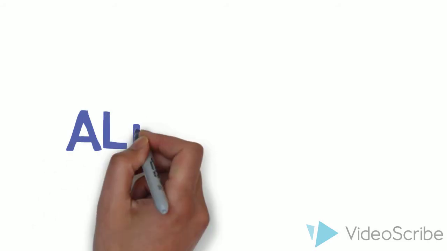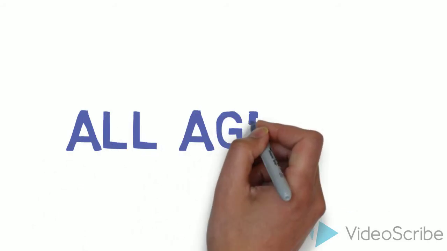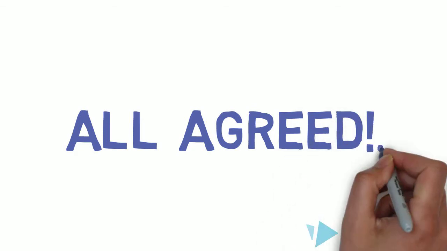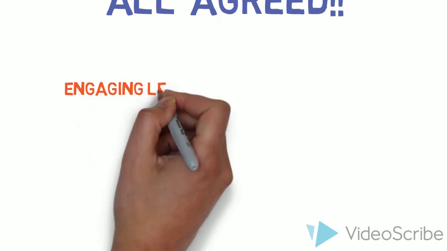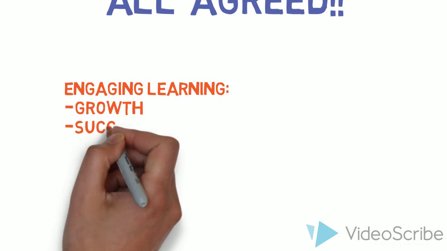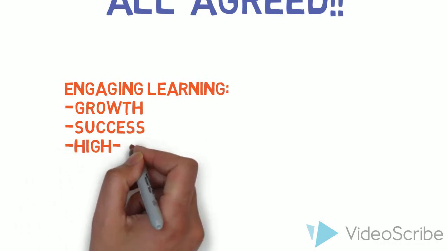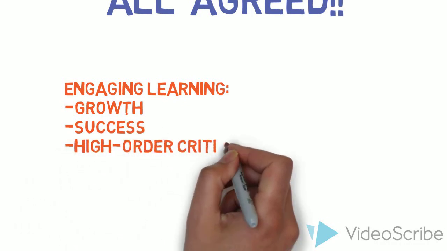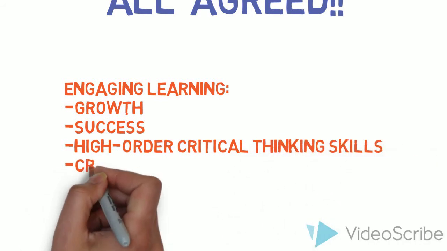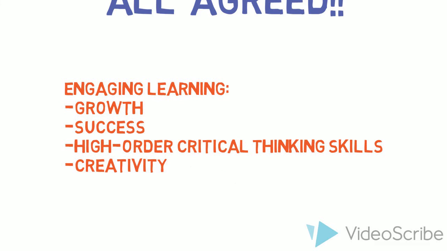All 5 articles presented in our assignment were highly informative and supportive of the implementation of performance-based assessments in the classroom. Each one goes into detail about how performance-based assessments allow for learning to be more student-centered, which in turn creates a more engaging and hands-on form of learning that fosters growth, success, high-order critical thinking skills, and creativity.